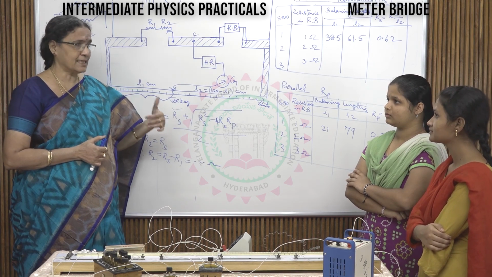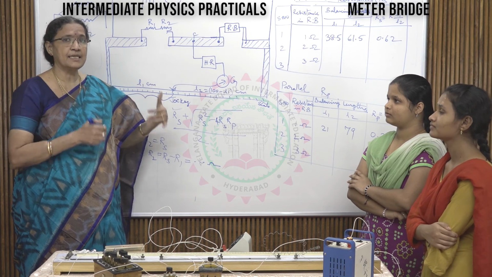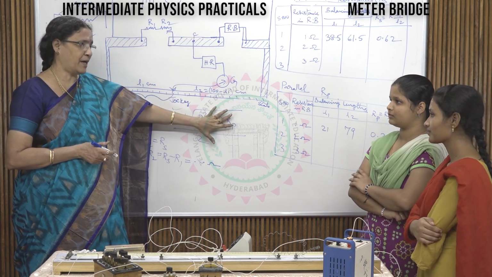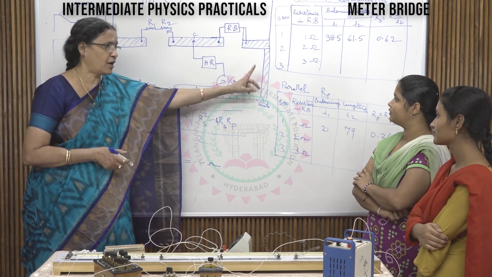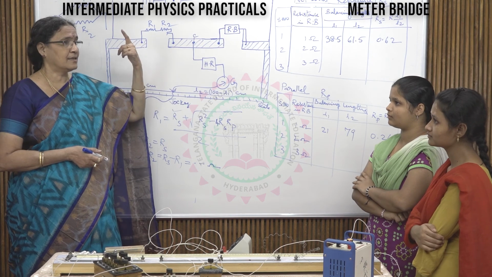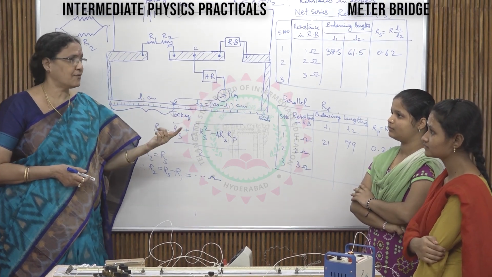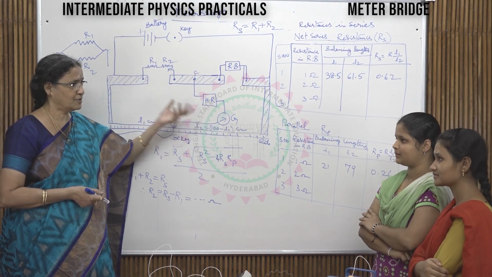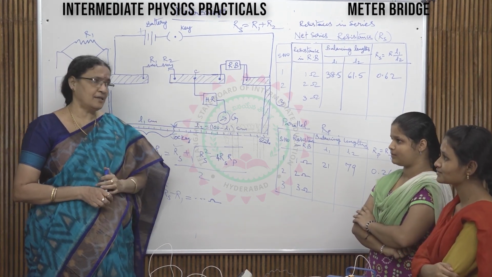If you are asked this part, you need not do the first part. Only this part will be enough, by drawing these 2 tabular forms. Or if you are asked to find the specific resistance of the given wire, this part is not required. You do the first part. So, read the question thoroughly and then do it.